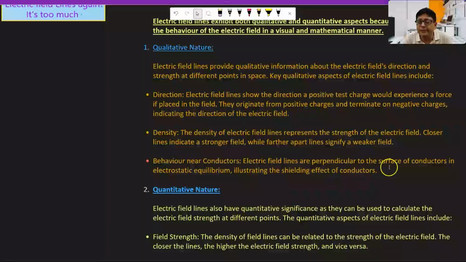Electric field lines are perpendicular to the surface of conductors in electrostatic equilibrium. This you know, and this will illustrate the shielding effect of conductors. This I will discuss again in future, that shielding effect of conductors.